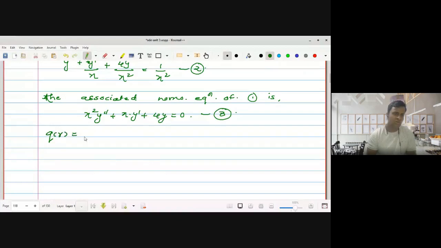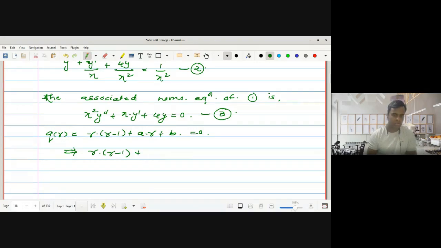q of r is equal to r into r minus 1 plus a into r plus b. That implies r into r minus 1, what is the value of a? 1.